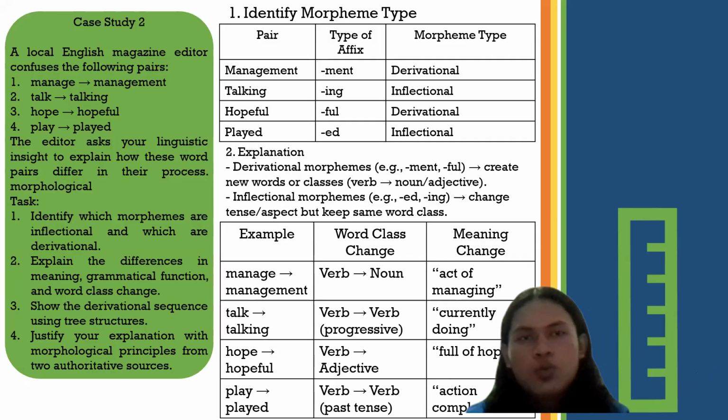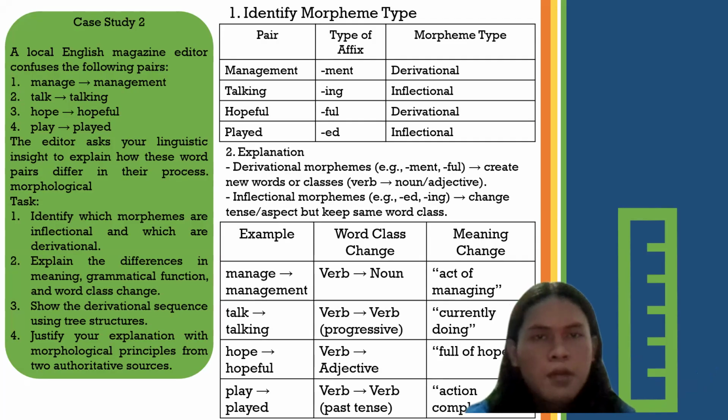Next, case 2. 1. Identify morpheme type. The first word is management, and the type of affix is ment, and the morpheme type is derivational. The next word is talking, and the type of affix is ing, and the morpheme type is inflectional.